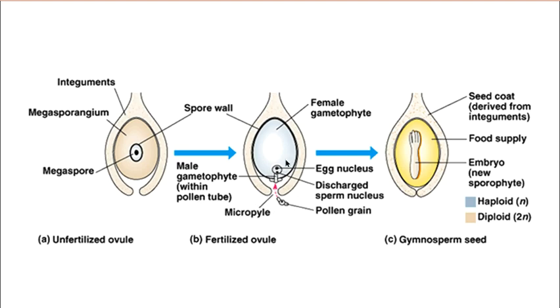It will come inside and fertilization will happen here, and the nucellus is also there. Finally, what will happen? The seed will be formed. Okay, the micropyle will be closed. The integuments will change into the seed coat. Fine. Food supply will be there, and this is a new embryo or new sporophyte. So you can see this is the unfertilized ovule, this is the fertilized ovule, and finally it is the gymnosperm seed. So I think it is very much clear.